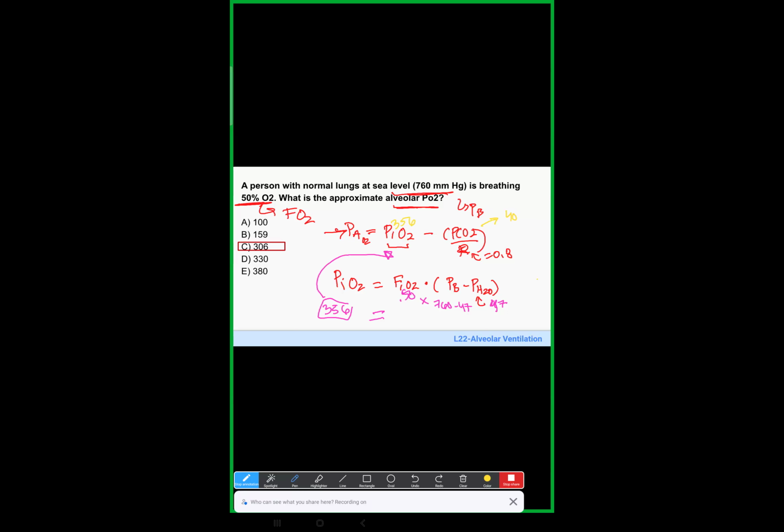Usually it's 40 millimeters mercury. So we know PCO2 is 40, the ratio is 0.8, and we calculated the inspired O2. So you just subtract 356 minus 40 over 0.8, and this gives you an alveolar PO2 of 306. I hope that is clear.